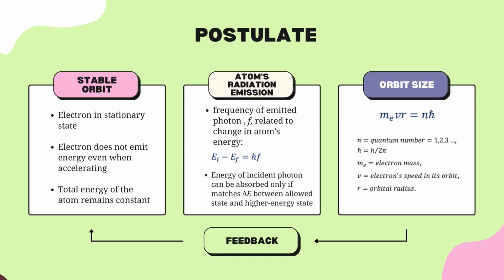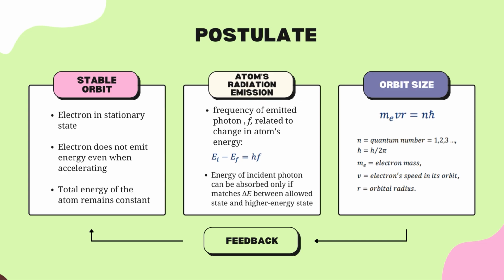If an electron transitions from a higher to a lower energy stationary state, radiation is emitted by the electron in the form of light, which has photons, and the frequency of the emitted radiation relates to the atom's energy change. The energy of an incident photon can be absorbed only if it matches the difference in energy between the allowed state and the higher energy state. And lastly, the orbit size.